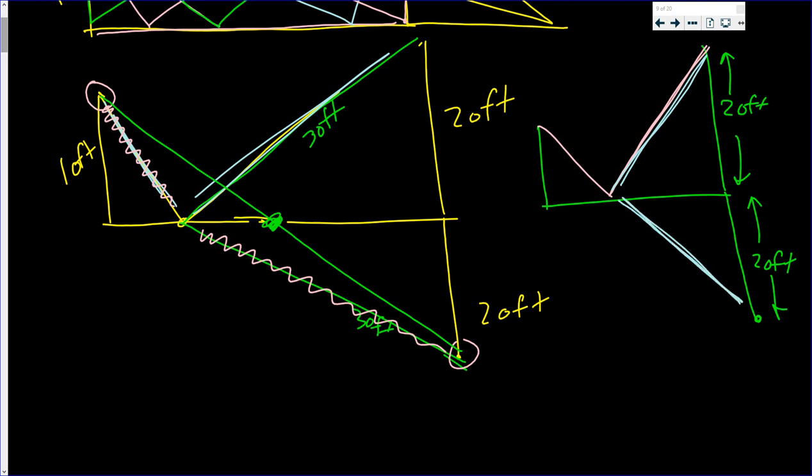So minimizing that distance is nothing more than minimizing that distance. But minimizing that distance is just a straight line. Suppose that's 20 feet. It's just minimizing a straight line. Okay, so now let's do high school algebra to do this.